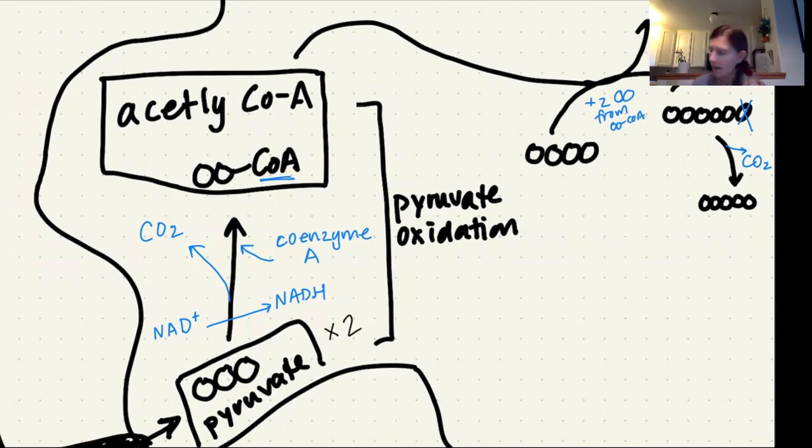At that same time, as we oxidize that molecule, we're going to, again, reduce NAD plus, right?